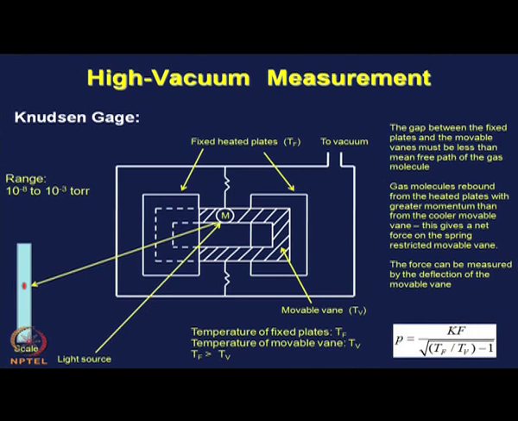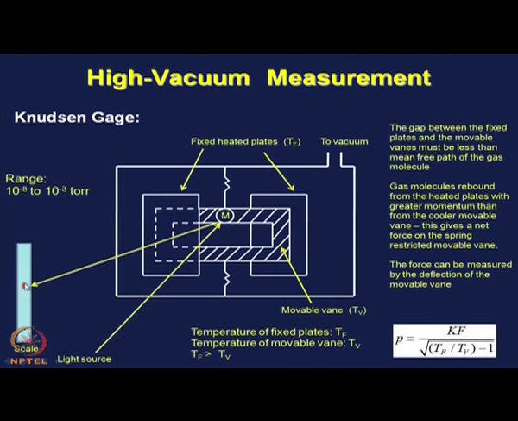So, this gives a net force on this spring restricted movable vane, and this will cause the movable vane to deflect, and that deflection can be measured if I send a beam of light to this mirror.